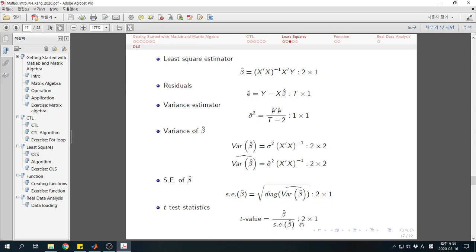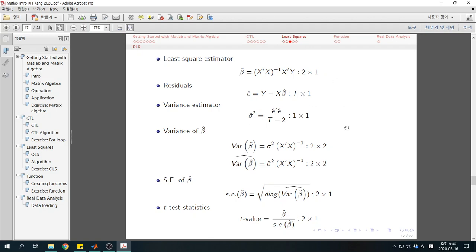Then using the beta hat and its standard errors, we can compute t values, right? So this is a sequence of tasks. These tasks must be sequential. We should not change the order, right? For example, we cannot compute residuals without estimating beta hat first, and it's not possible to compute t values without estimating sigma squared hat first, right?